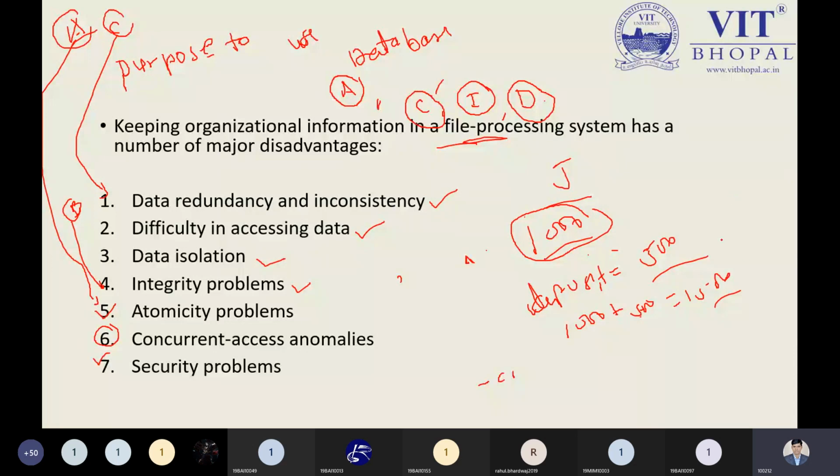But due to the power failure, this 500 was not credited into your main account, and after a few minutes you check the balance and it shows only 1,000 rupees. Then you have to ask the bank why your 500 rupees is not credited.